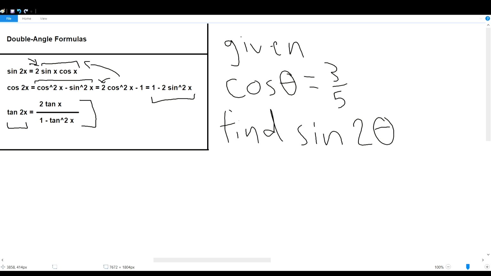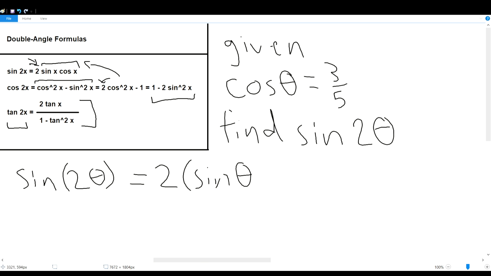So using this, sine 2 theta, we know is equal to 2 times sine theta cosine theta.